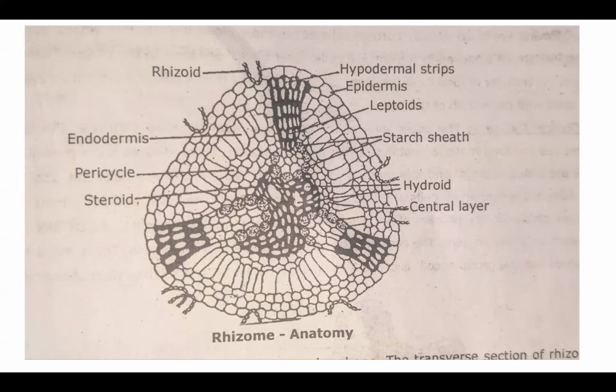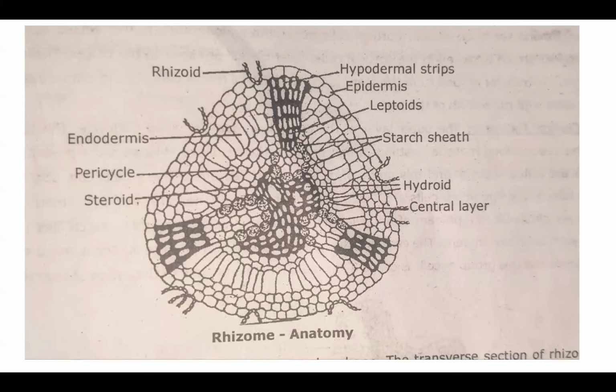It consists of an upper epidermis, a single layered epidermis, and from the epidermis, here and there, rhizoids arise. In the diagram toward the left hand side, you are able to see the rhizoids arising there. Inside the epidermis, you will see the cortex-like region.